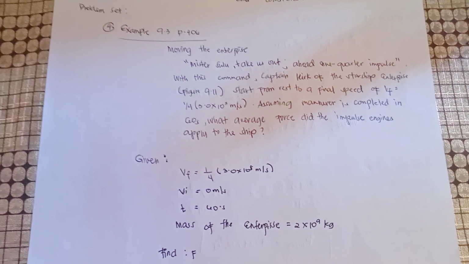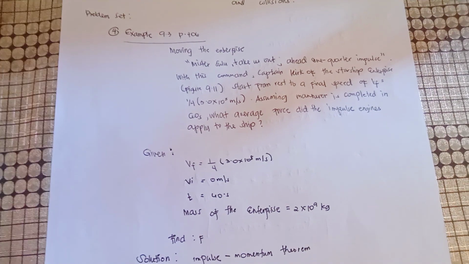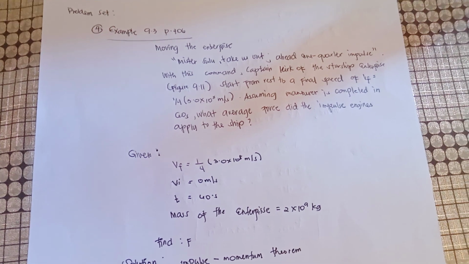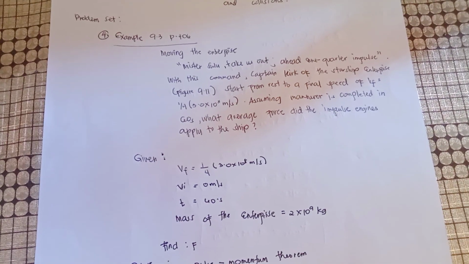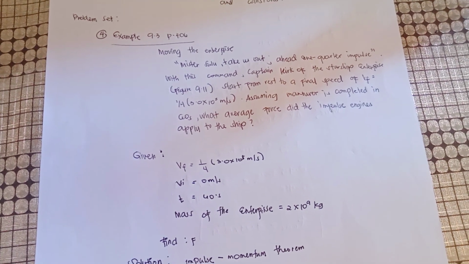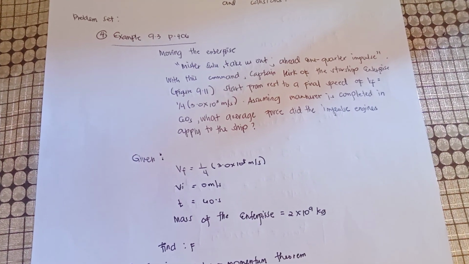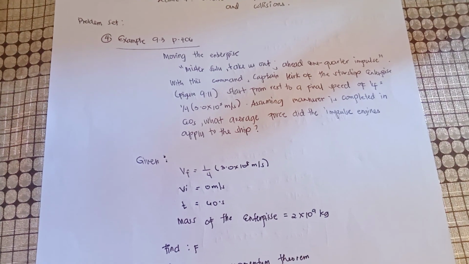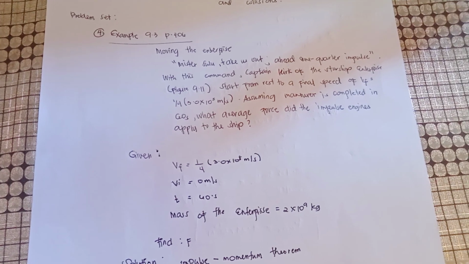With this command, Captain Kirk of the Starship Enterprise, figure 9.11, starts from rest to a final speed of 1/4 of 3.0 times 10 to the 8 meter per second, assuming the maneuver is completed in 60 seconds. What average force did the impulse engines apply to the ship?